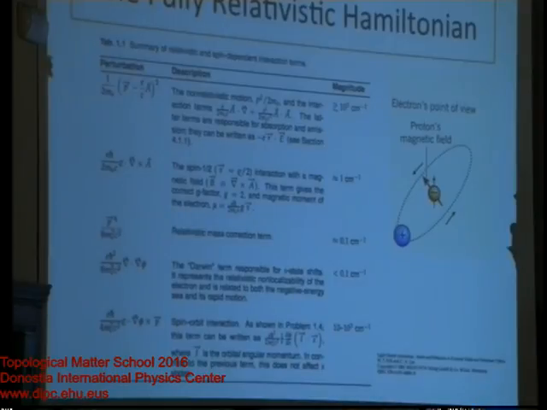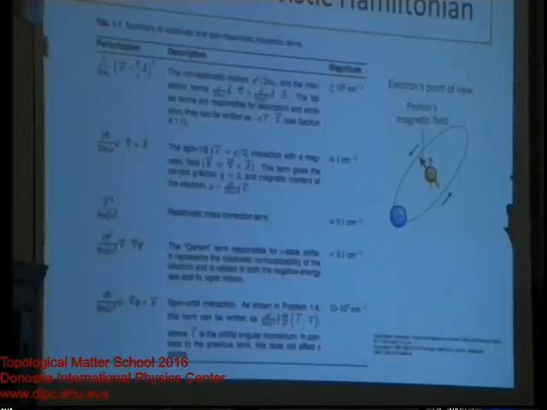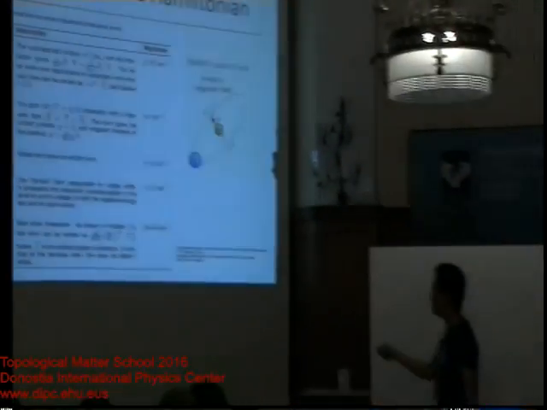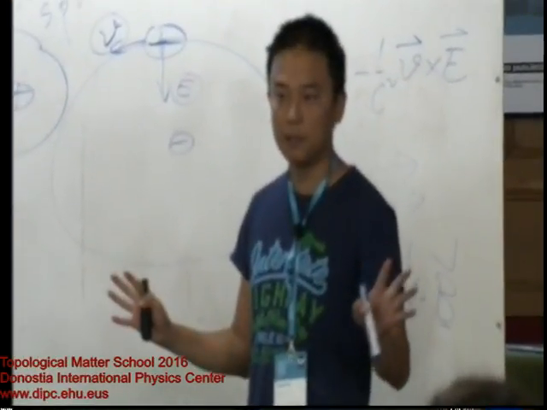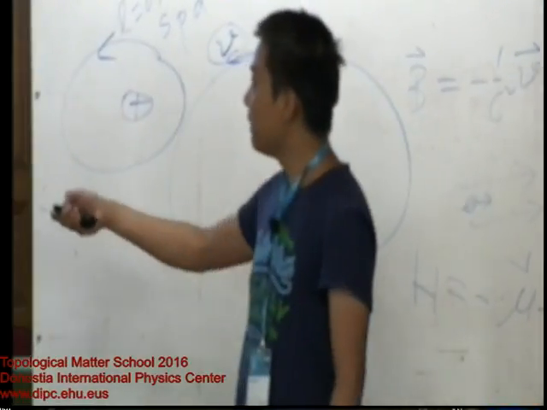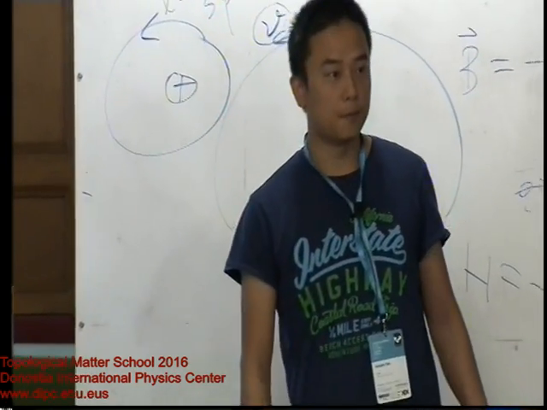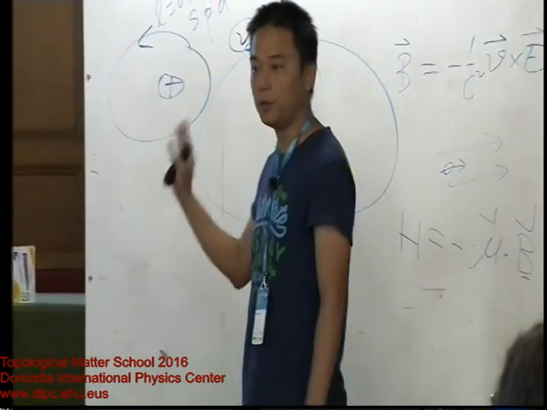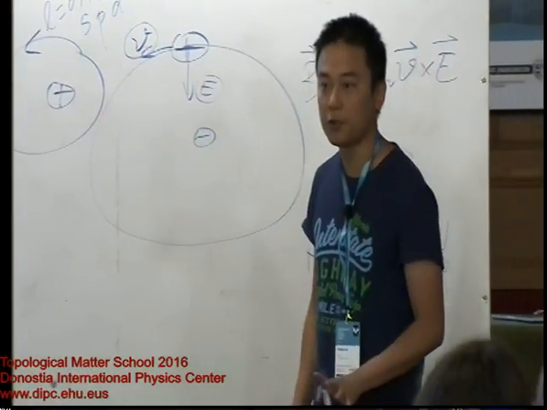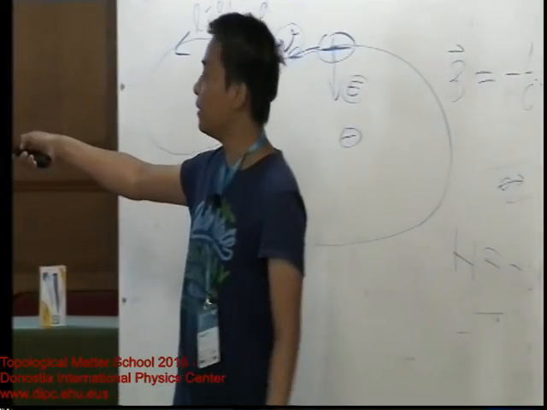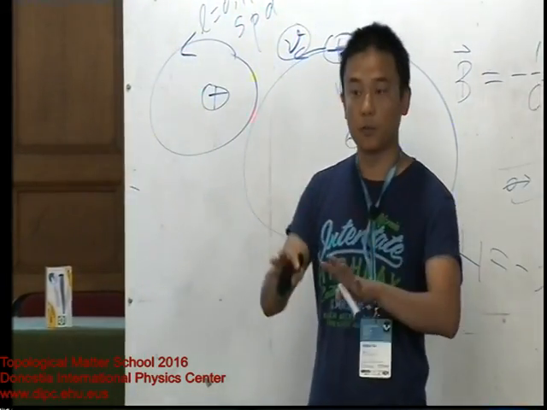Is there anyone here doing band structure calculations? Oh yeah, good. In the early literature, especially about the pseudopotential method, before 1990, these terms were not included in the pseudopotential. In the literature you see very different band structures for some heavy elements, and after a point all these terms were included in the pseudopotential.